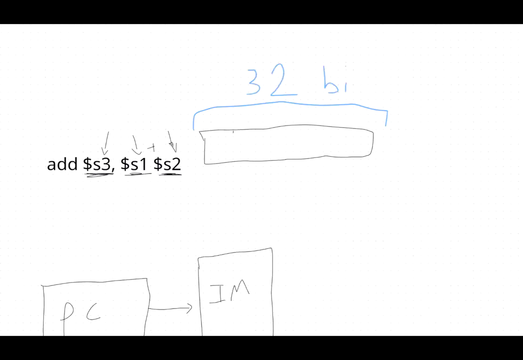It's just depending if it's an R type, a J type or anything like that, the 32 bits are just split up in different ways. So when it comes to an R type, the way that it's split up is that I believe the first 6 bits here, this is what we call the opcode. Opcode.